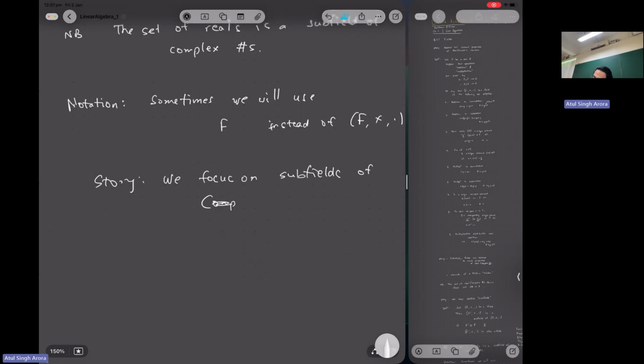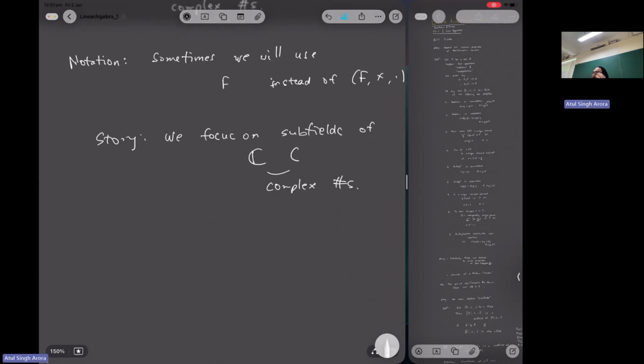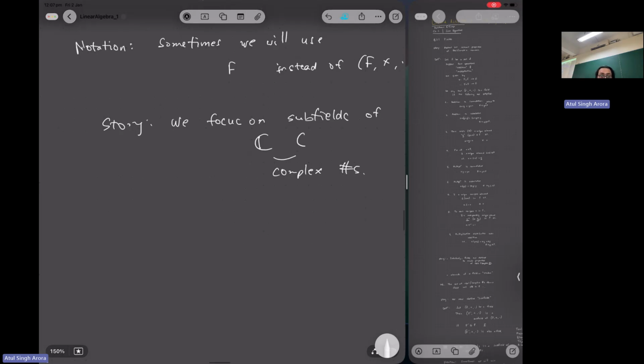Let me just write C. I'll use C as the symbol. Sometimes I'll try to be consistent, but I tend to be a little bit sloppy. So these are both complex numbers. In almost the entire rest of the course, we can assume that we are looking at subfields of the complex numbers. That's the requirement.